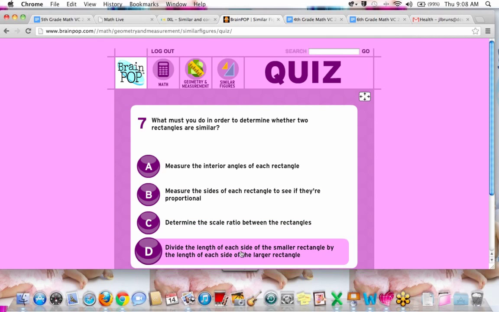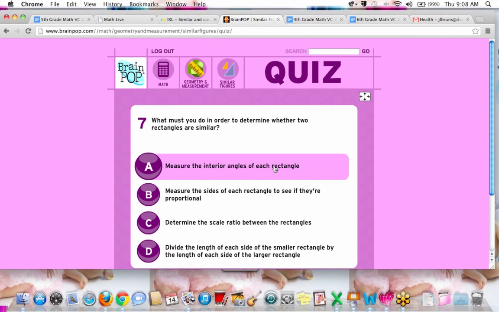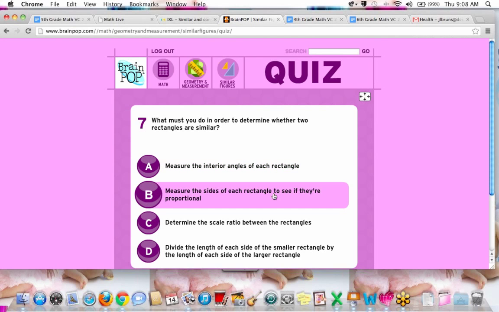Or do you have to divide the length of each side of the smaller rectangle by the length of each side of the larger rectangle? Well, we're looking at two rectangles, we know that their angles are going to be the same. So the only thing that would make sense to do is to look at the proportion size, to see if they are proportional.